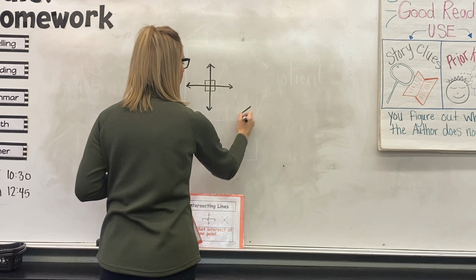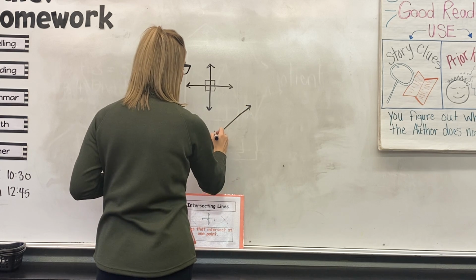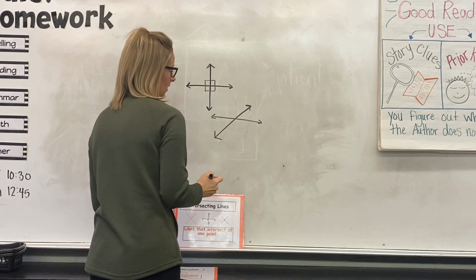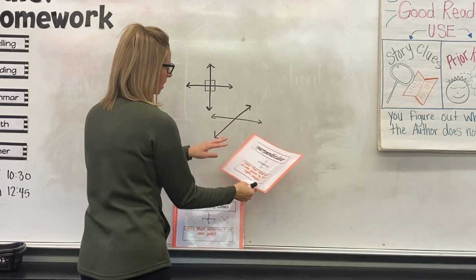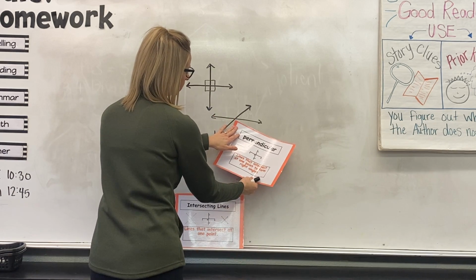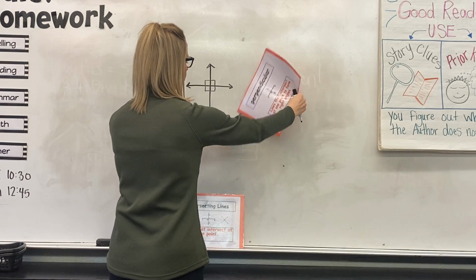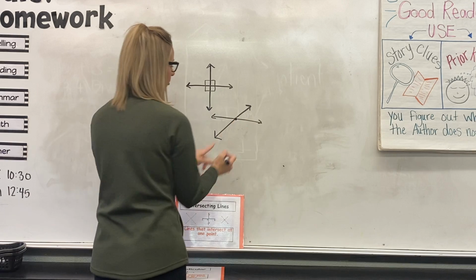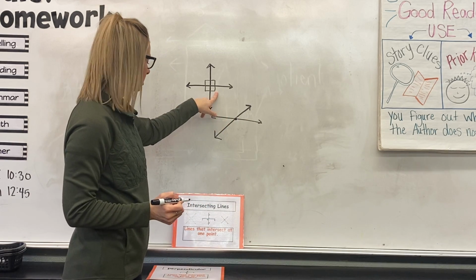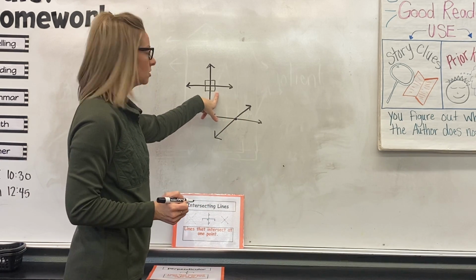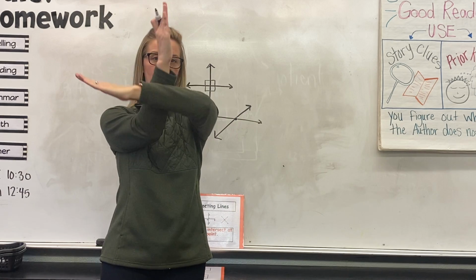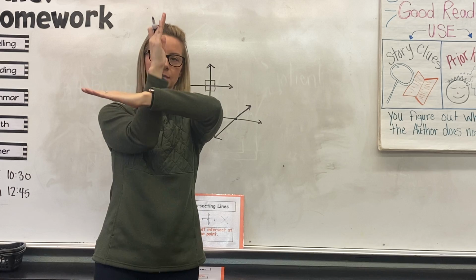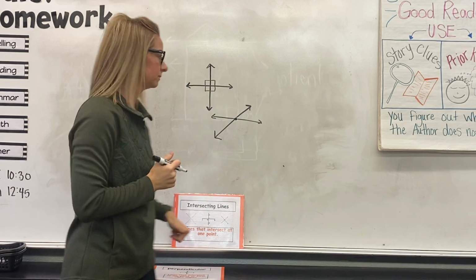Now, if you had lines like this, you cannot fit the corner of a paper into that exactly. So those do not create right angles. This would be intersecting lines. This would be perpendicular lines. So our motion for perpendicular is just straight up and down, straight side to side to make those right angles.